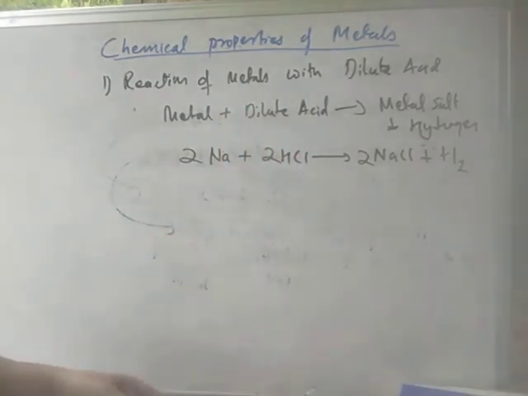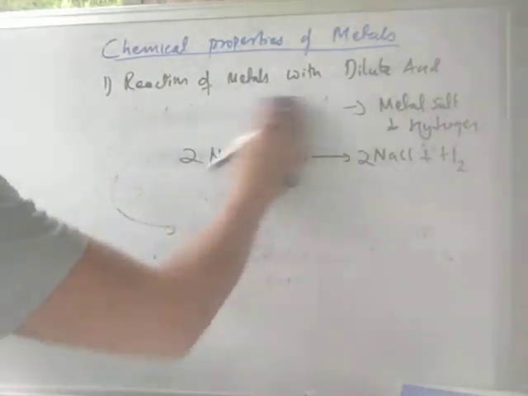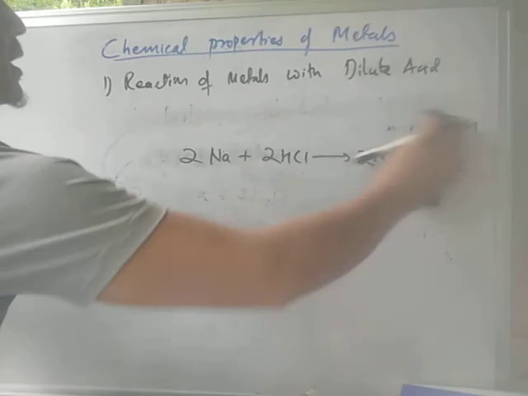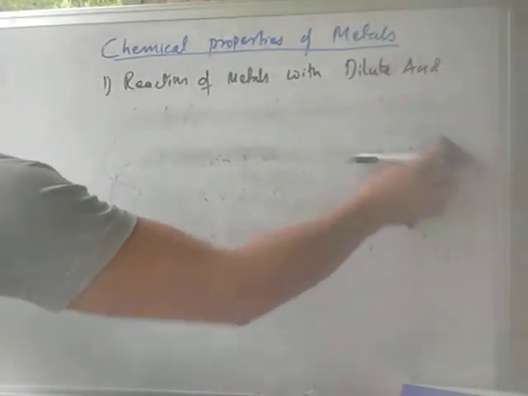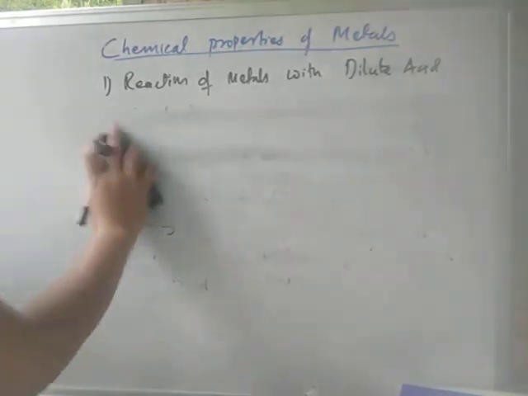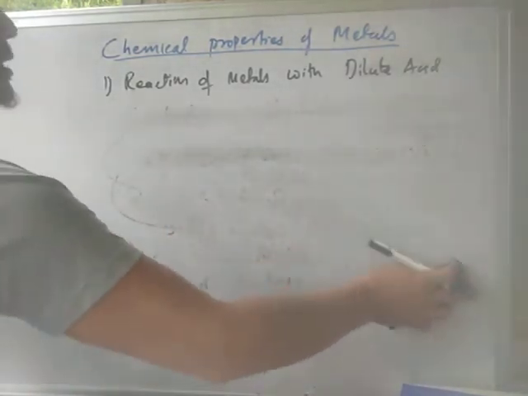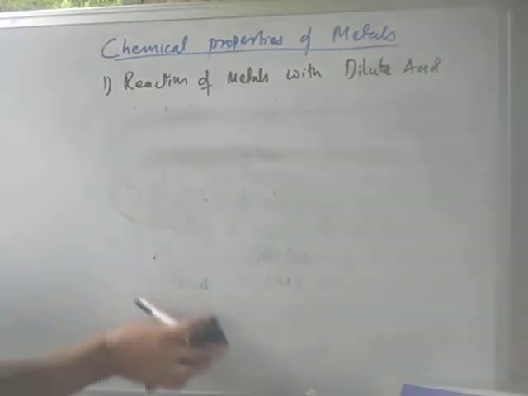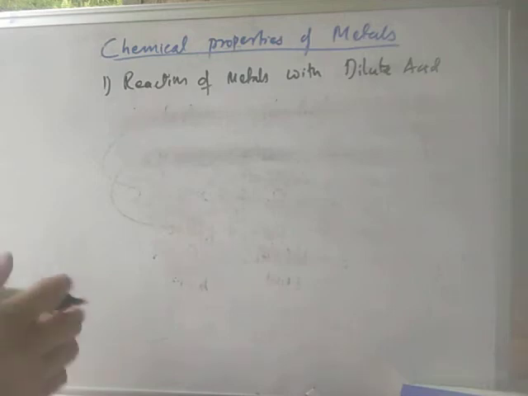Next, acid can eat metal, that is, corrode or destroy metal. But some metals it does not eat, or acid does not consume some metals, like gold and platinum.